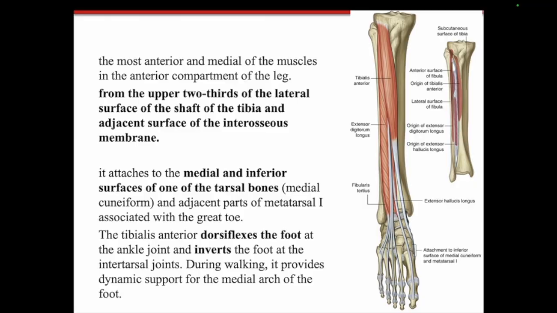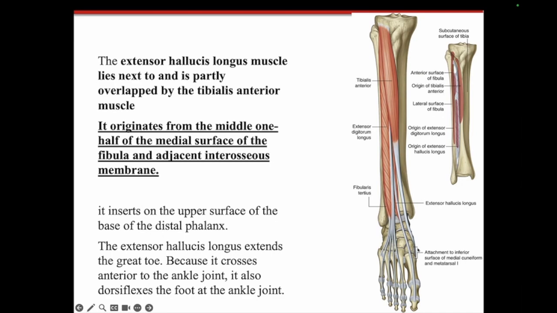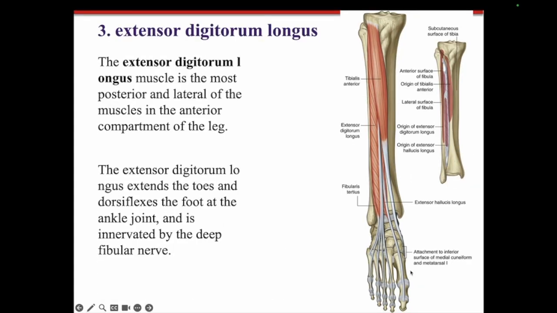So the tibialis anterior dorsiflexes the foot and inverts the foot. If you follow this muscle, you see the attachment on the cuneiforms and metatarsal. The extensor hallucis longus goes all the way; I can even follow just a tendon on the dorsal side, and the digitorum longus will go to the other digits.